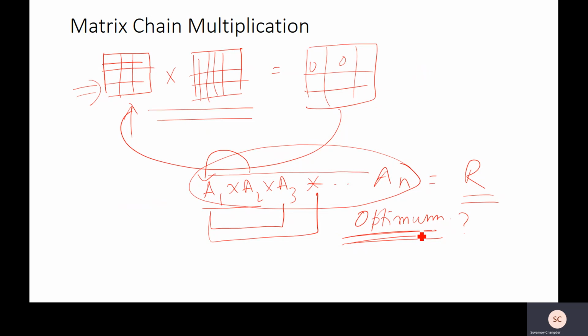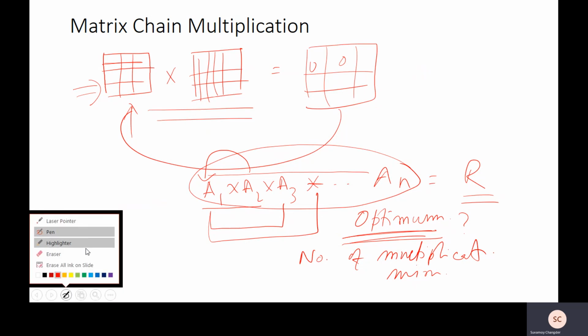What is the meaning of optimum? That means the number of multiplications that we require is minimum or not. Let us give an example. I think then it will be a little bit clear.